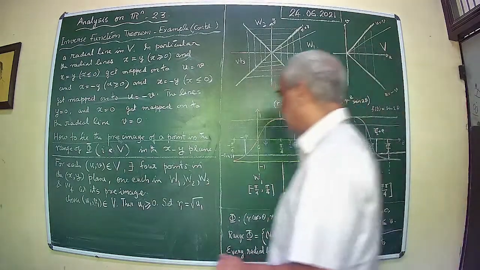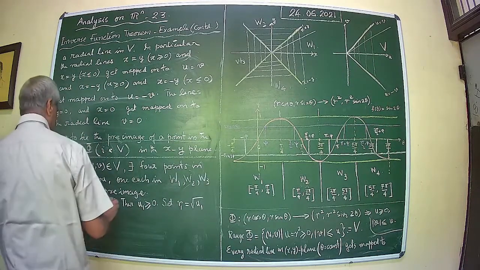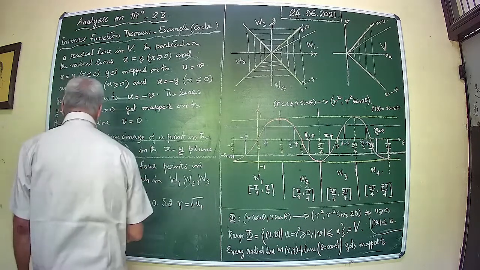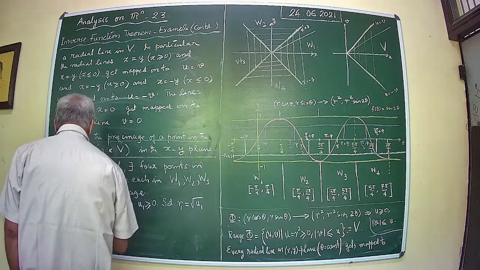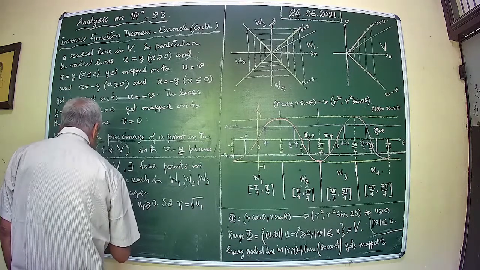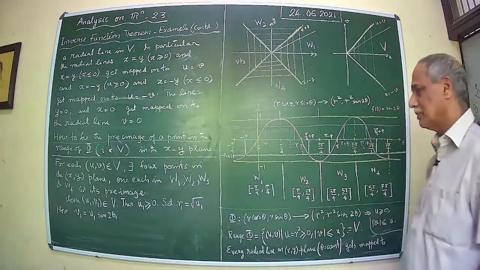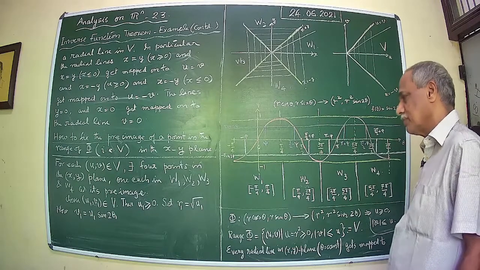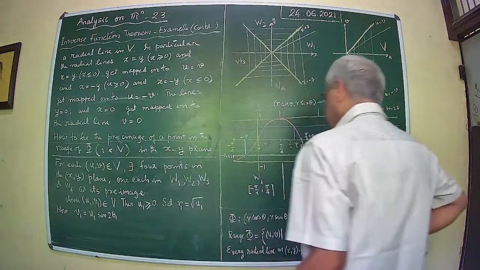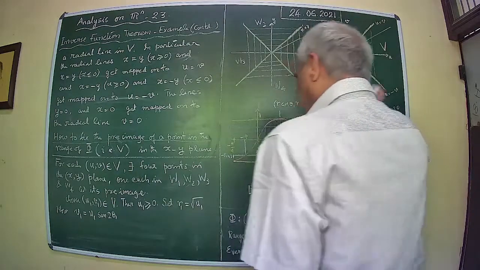Now we have to fix theta. V1 can be written as U1 sine 2 theta 1. Okay, then what happens?